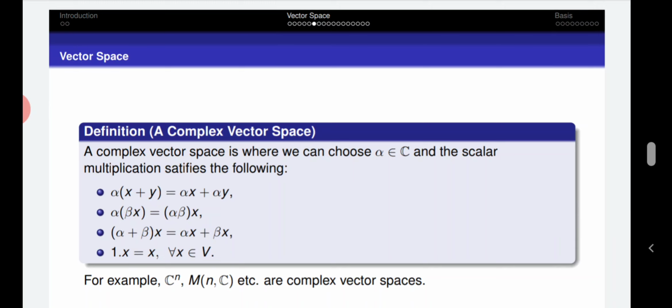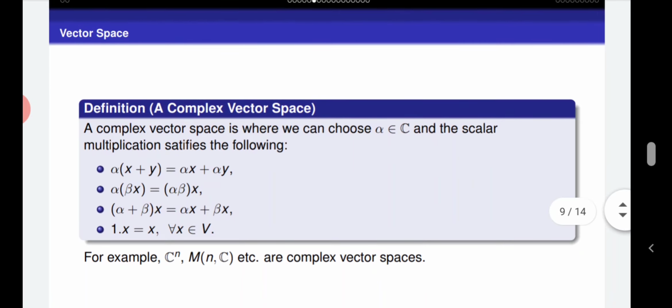Next, alpha times (beta x) is equal to (alpha beta) times x. Next, (alpha plus beta) times x is equal to alpha x plus beta x. And last, 1 times x is equal to x for all x belongs to V.